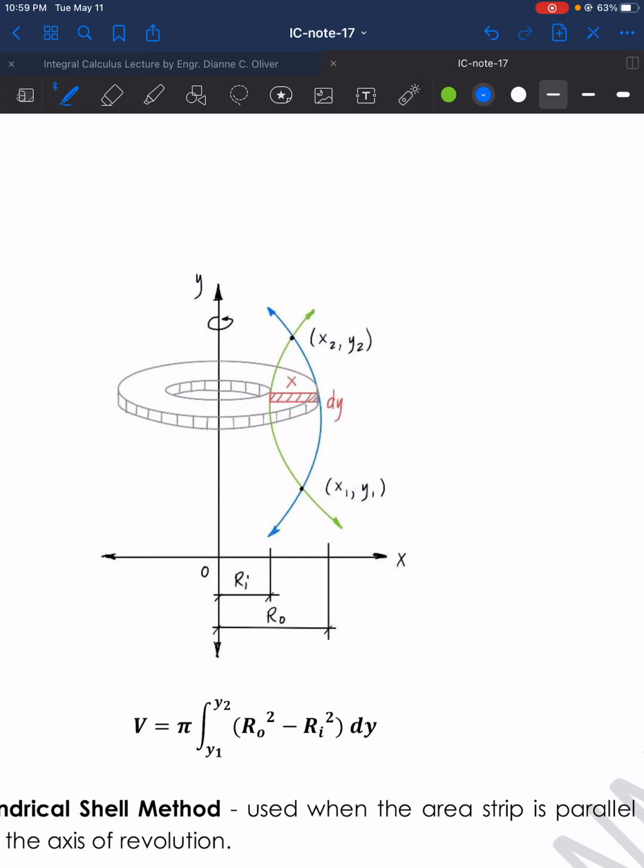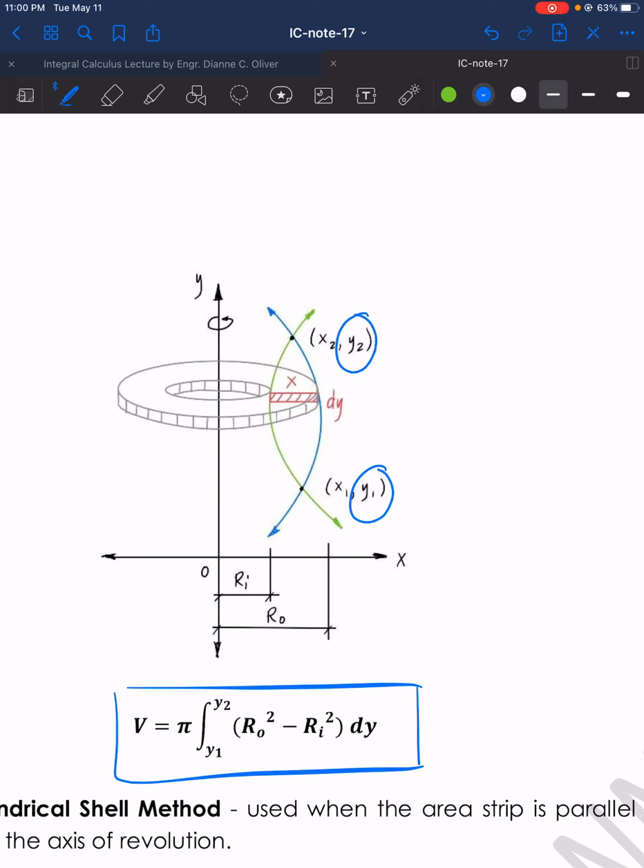So again, we will form a ring or washer here, and using the area strip x dy, we now have the volume of the ring or washer as pi integral of r outside squared minus r inside squared dy. Therefore, the limits are y1 to y2. Why do we use y1 to y2? Because y1 here is lower compared to y2.